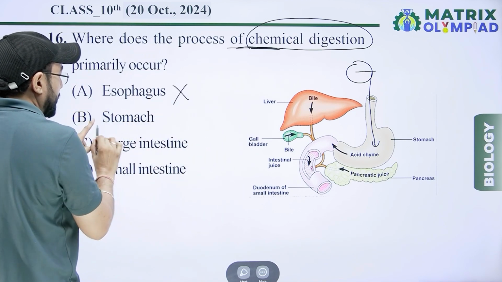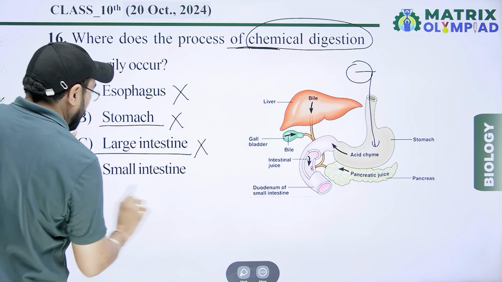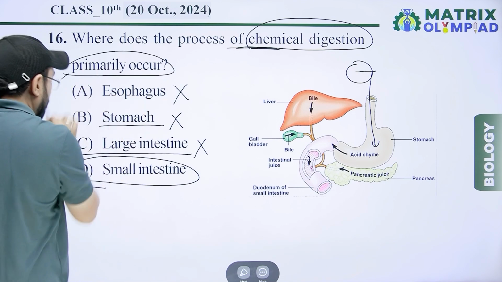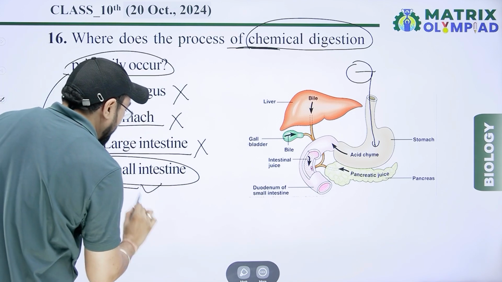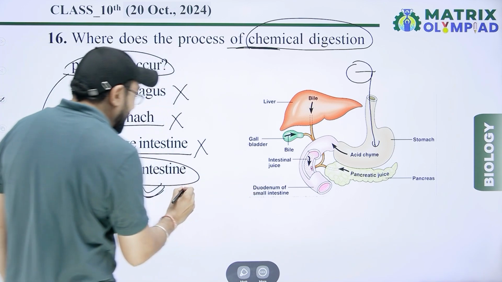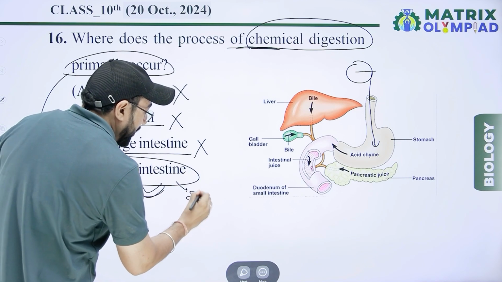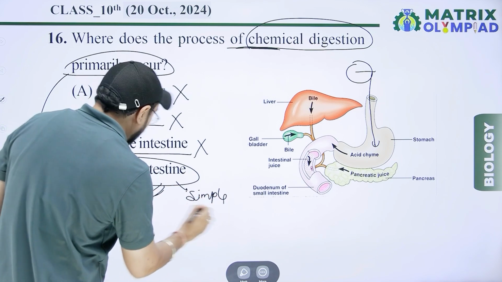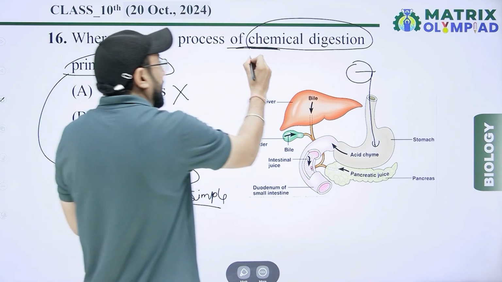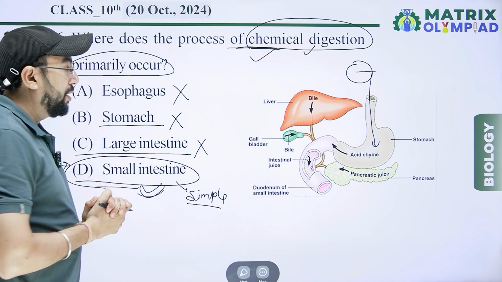Esophagus, no. Stomach, no. Large intestine, no. Small intestine, primarily occurs in the small intestine, that is right. Because many complex structures convert into simple ones in the small intestine.